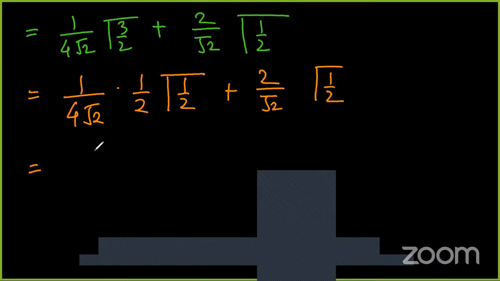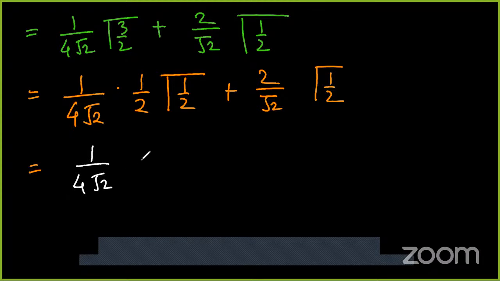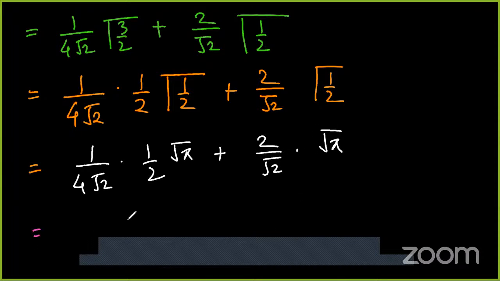उसके बाद 1 upon 4 root 2, 1 by 2, it's a root pi plus 2 by root 2, it's a root pi. Okay. So if I solve it, this will become 8 root 2 root pi plus 2 by root 2 root pi.